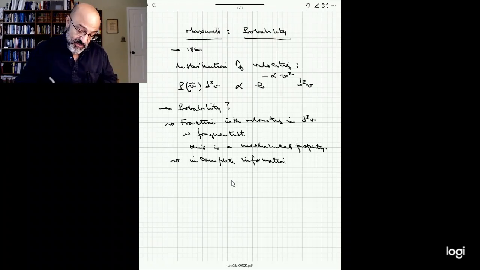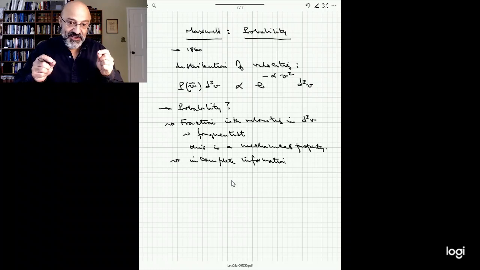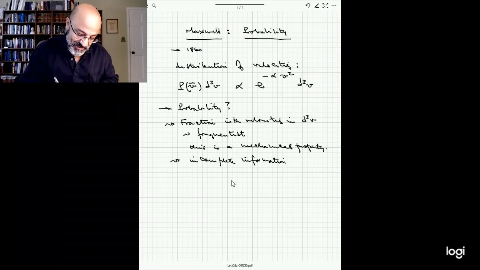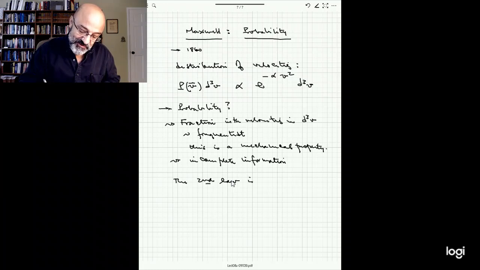He actually was very aware that the second law, because you have probabilities, the second law is not absolute, is true, or is highly probable.